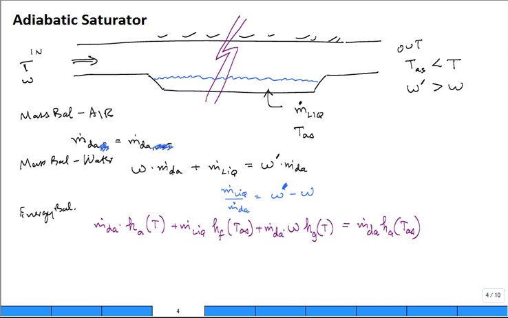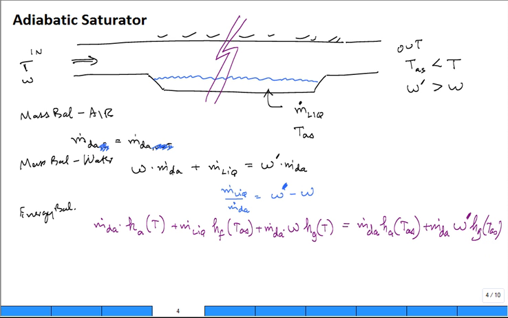And then it all flows out in the vapor state, so you have m dot dry air, omega prime, times h_g at the adiabatic saturation temperature. If you get that equation right, you've gone a long way, okay?